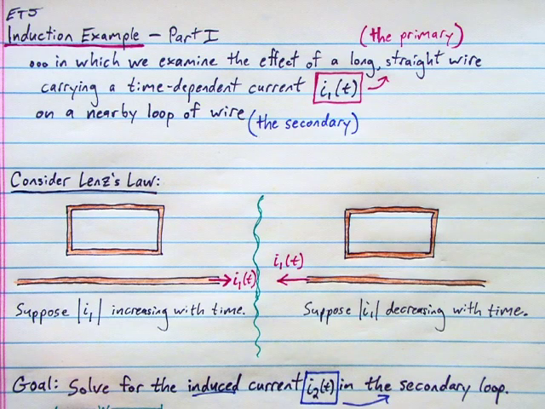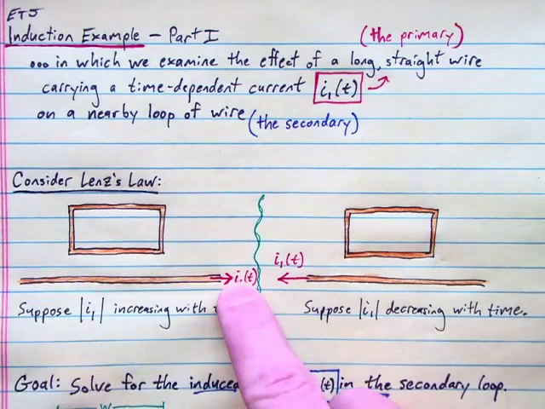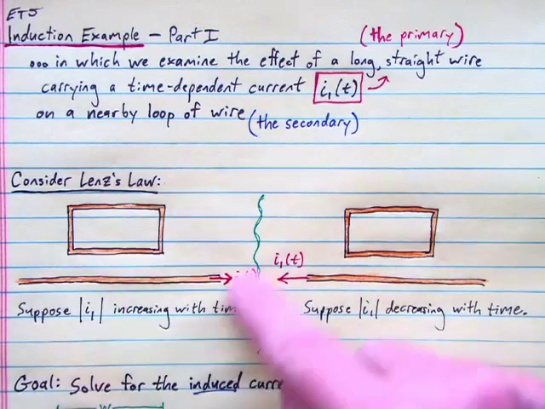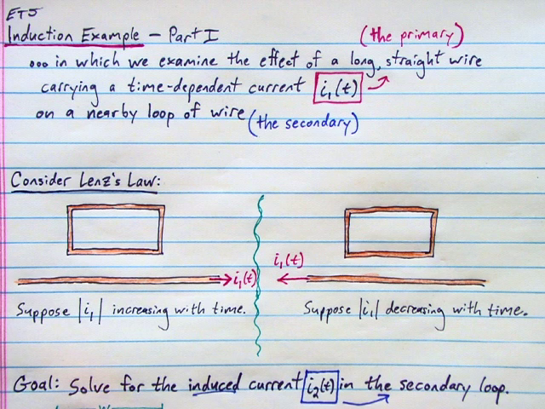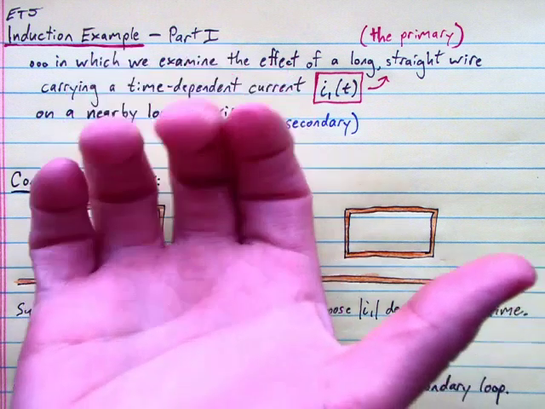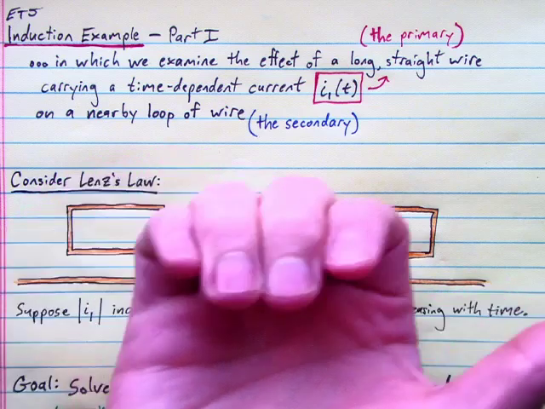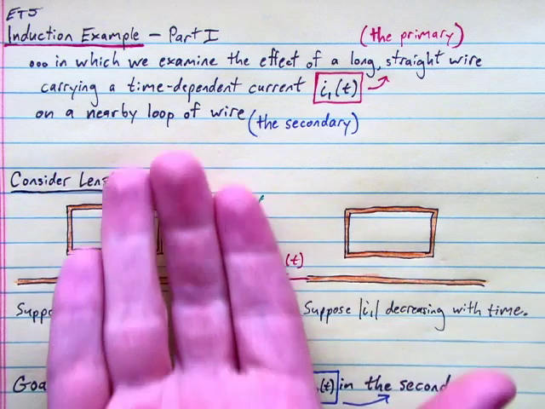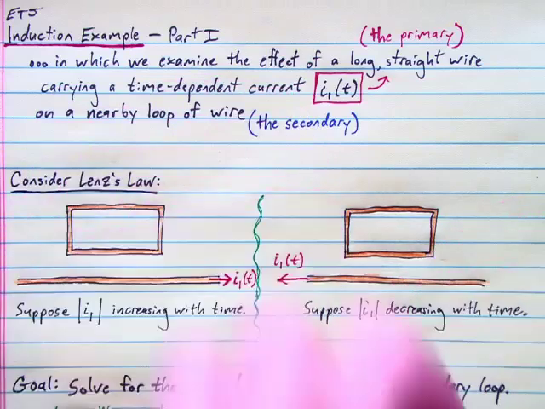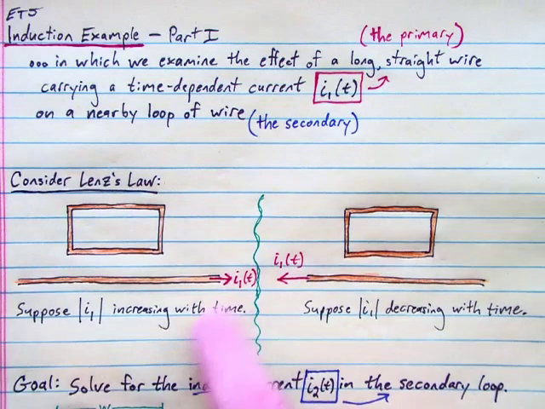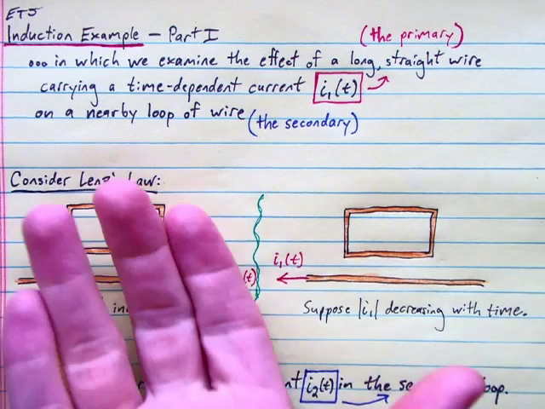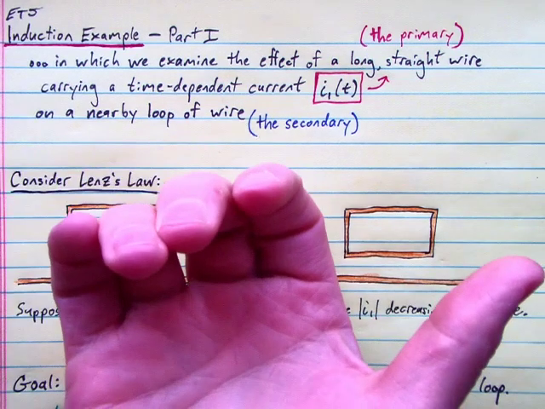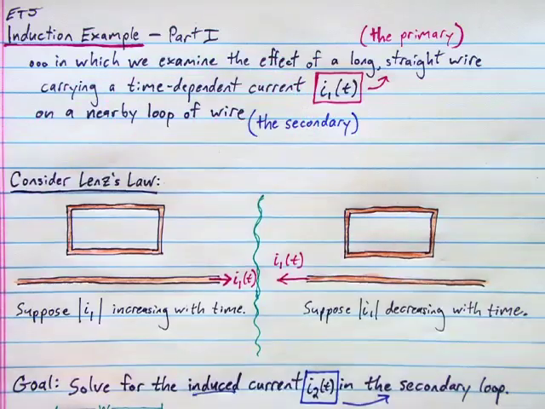First, consider that this primary current is going to be generating a magnetic field in the region around it. So grab onto that wire with your thumb pointing in the direction of the current and your fingers curl in the direction of the magnetic field that is looping around this wire. So we see that our B field will be coming out of the page, up above the wire, and then into the page, down here below the wire.